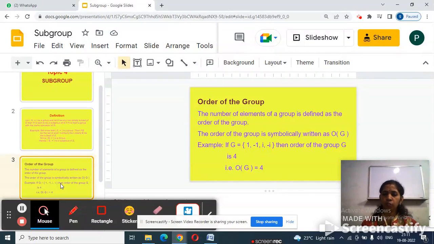Order of group we can write as O(G), order of G. If we take an example, G = {1, -1, i, -i}, then order of G is 4, as there are 4 elements in G: 1, -1, i and -i. We can write O(G) = 4.